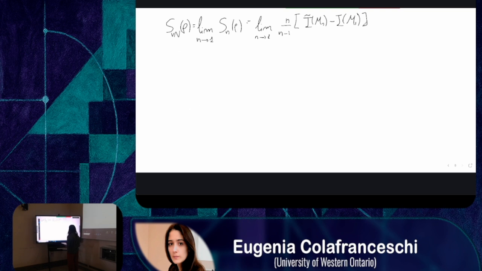Now, from this you see, since I'm taking n equal to 1, here I have the difference between the action for the saddle point with generic n and the saddle point with n equal 1, and I'm dividing by n minus 1.